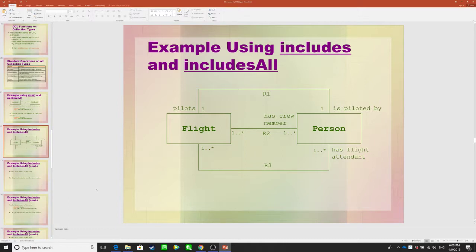And R3 is the flight to the flight attendant. Remember those. R1 is the pilot, R2 is the crew member, R3 is the flight attendant. So flight is piloted by the person, which is pilot, and R2, the flight, has crew members, which is a whole bunch of persons, and R3 has flight attendants.